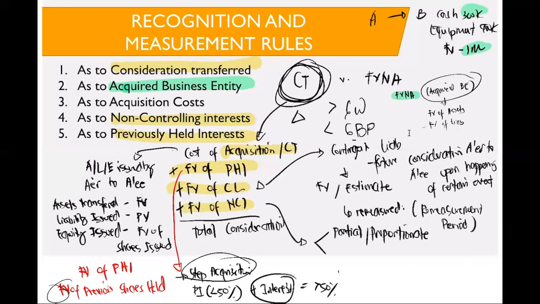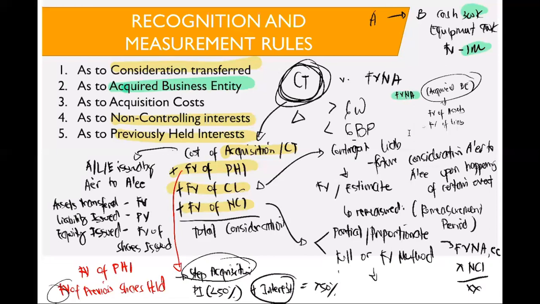And we also have your full or fair value method. So under your partial or proportionate, we get your fair value of net assets of the acquiree, we multiply it by the non-controlling interest.